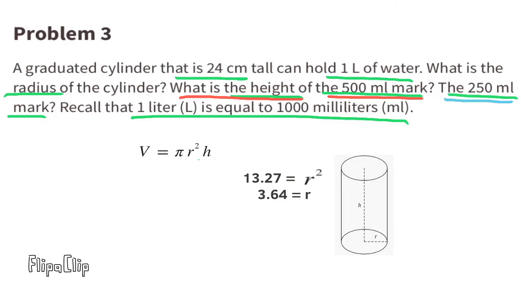Well, I know that 250 is half of 500, so we can just cut the 12 centimeters in half and get 6 centimeters. Or we can substitute the V with 250 and solve for the height by dividing both sides by 13.27 times pi. And we see that the height is 6 centimeters.